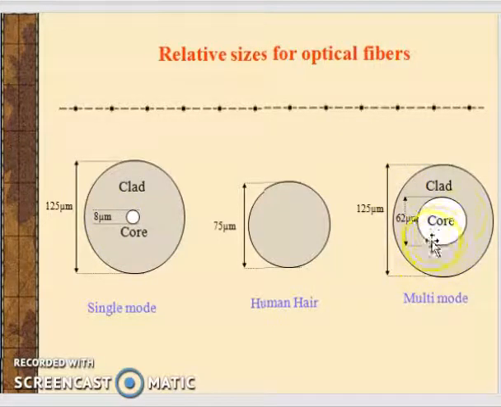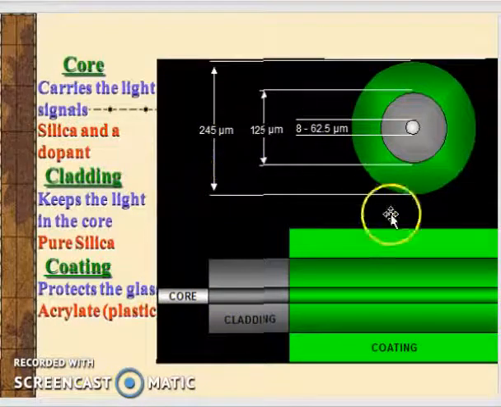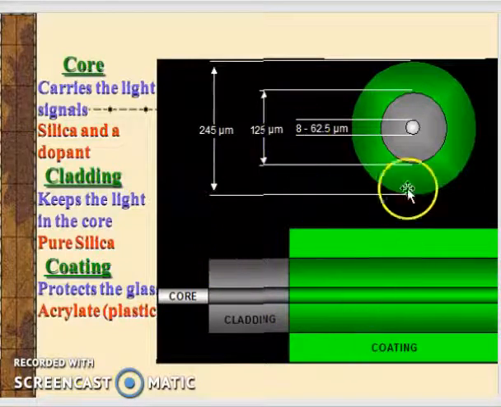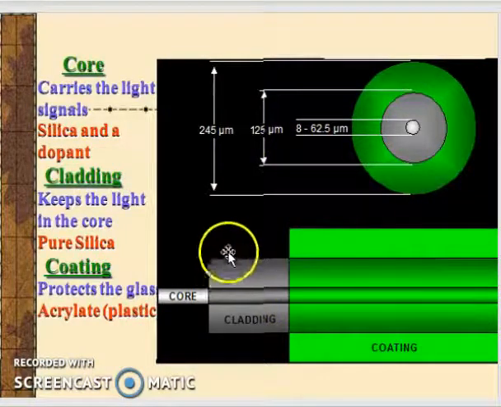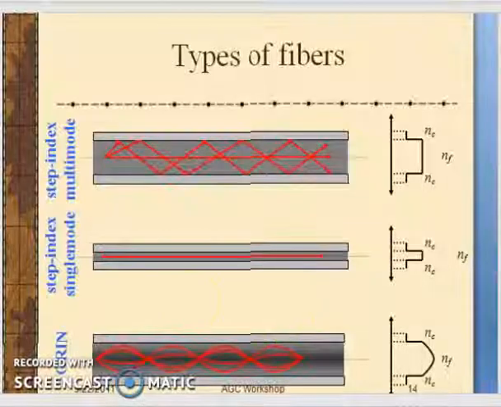In this cable, the core diameter is 62 micrometer and the clad diameter is 125 micrometer. This is also one example of an optical fiber cable, shown in the following figure.